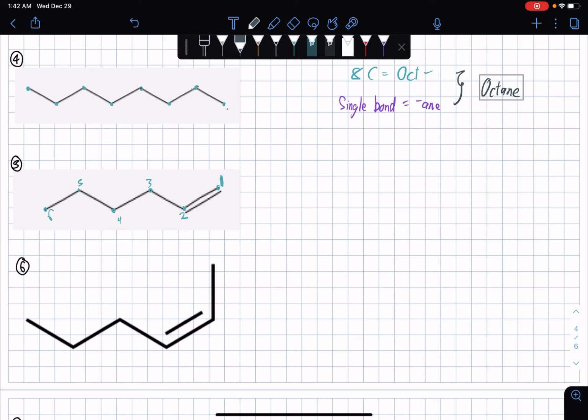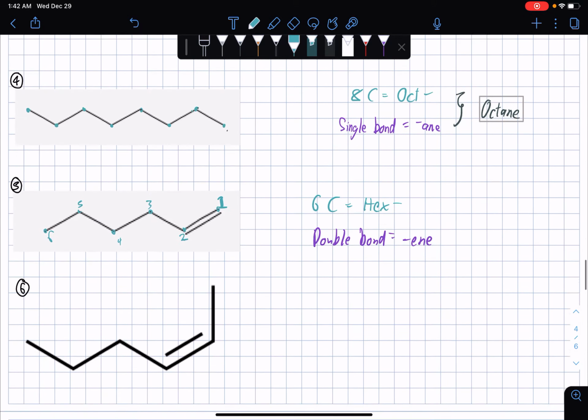So we acknowledge that we have 6 carbons, which is equivalent to the prefix hex, and it's a double bond this time. Double bond has the suffix ene. And right now, this is where things get a little complicated, but not as complicated as the next problems.